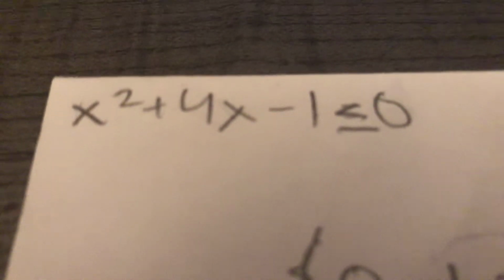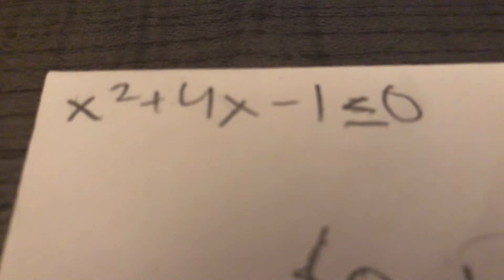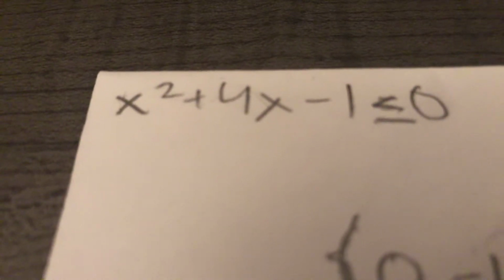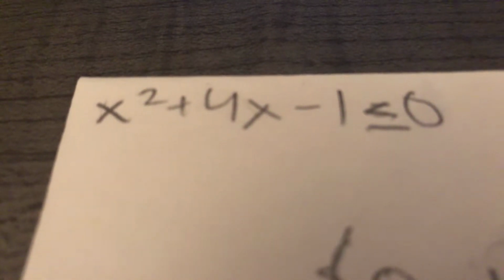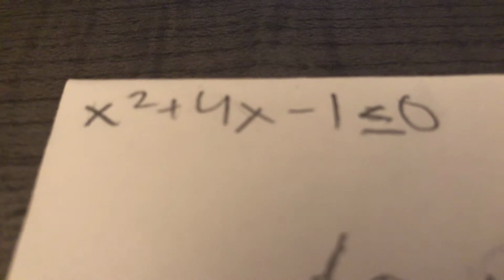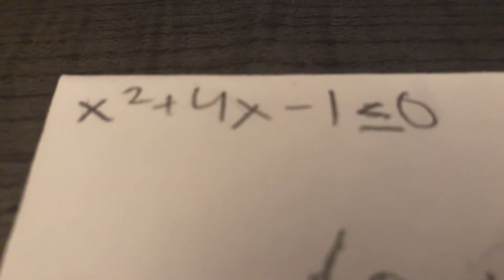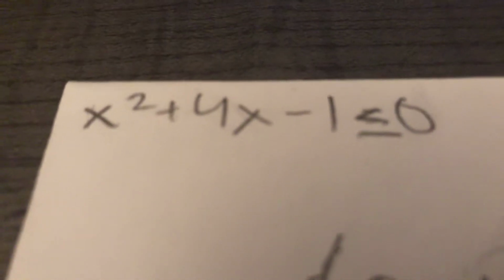And minus 1, maybe? 1 minus 4 minus 1 is less than or equal to 0. It's less than 0, right?